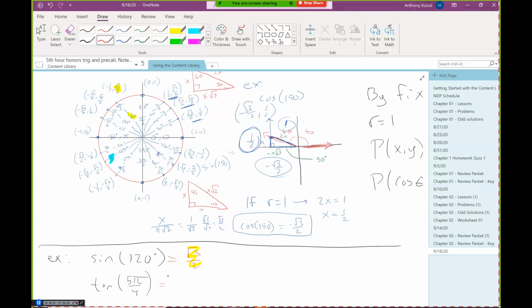We wrote that down at the beginning of class. So the y in this case is square root 2 over 2, and the x is negative square root 2 over 2. So that just reduces down to negative 1. Is everybody okay there?